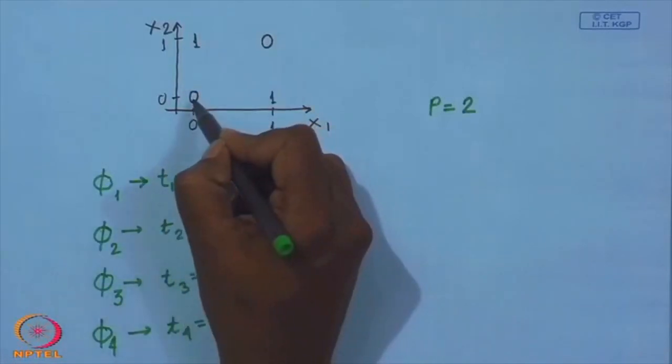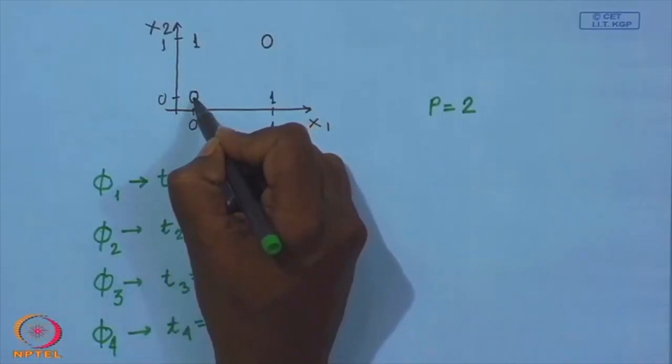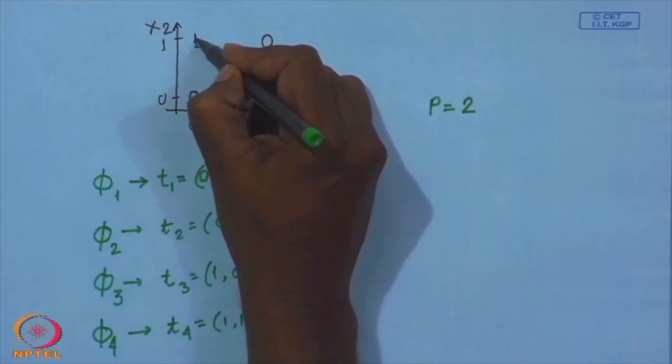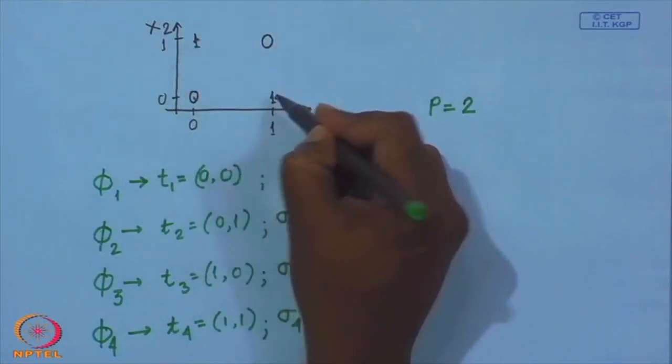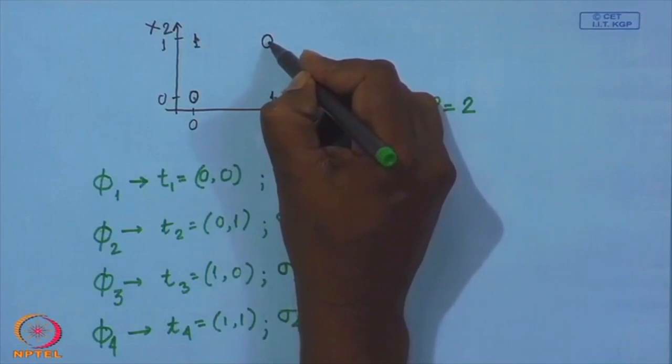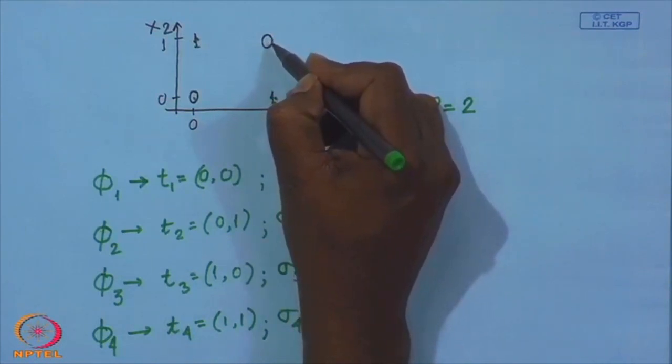That is easily verifiable. T1 has T2 at a distance 1, T3 at a distance 1, but T4 at a distance of square root of 2, which is 1.414.